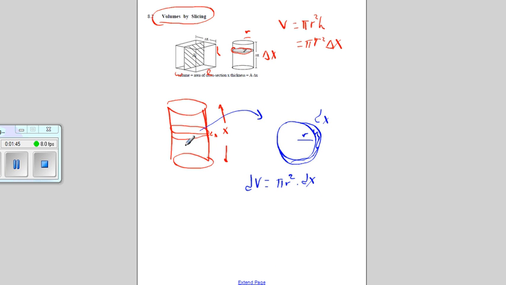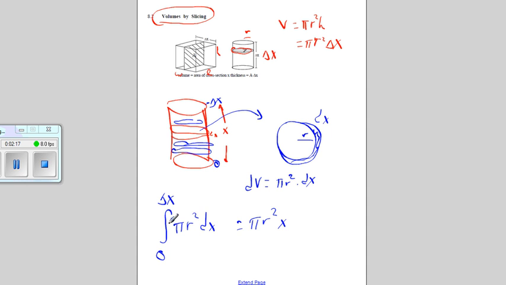Then what we want to do is think about adding up all of these little cuts from 0 all the way up to the top, which is delta x. That idea of adding up an infinite number of little cuts is the integral. So integrate pi r squared dx, where this is just a little chunk of volume, from 0 to delta x, and this equals pi r squared times x.